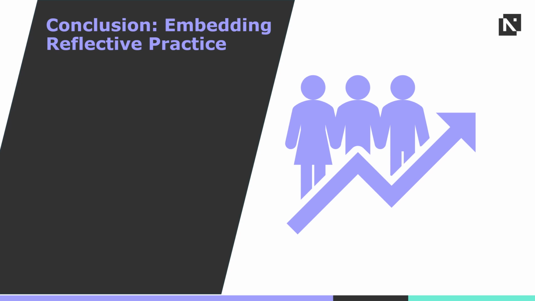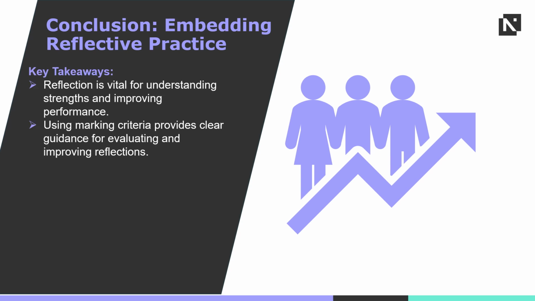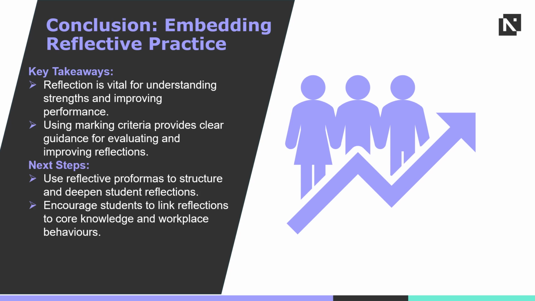So as we wrap up, let's revisit the importance of embedding reflective practice into teaching and learning. Reflection is crucial for both personal and professional growth. It helps students understand their strengths and identify areas for improvement, enhancing performance. Using marking criteria offers clear guidance for evaluating and refining reflections and ensuring alignment with learning goals. To deepen the impact of reflection in your classroom, use reflective frameworks.